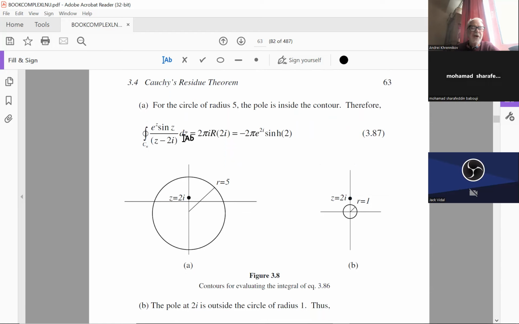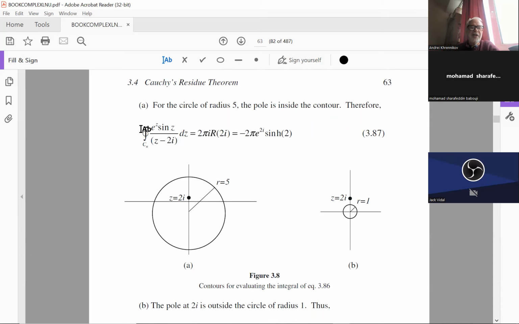So we consider this function. This is a pole, z minus 2i plays the role of z0, a pole of the first order. So our residue theorem is applicable. We write that this integral is equal to 2 pi i times the residue in this point.